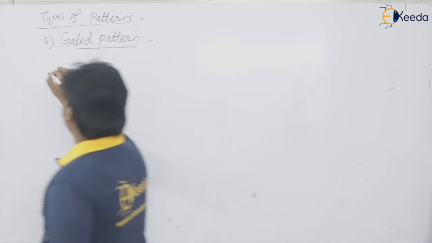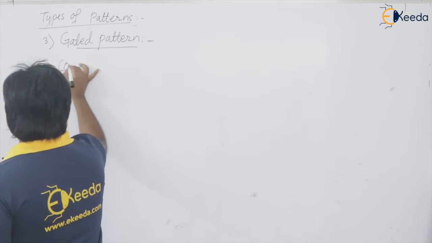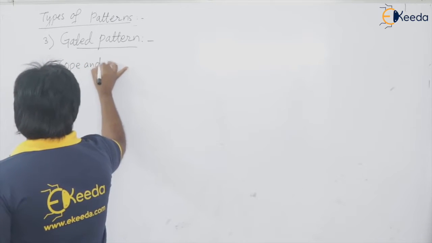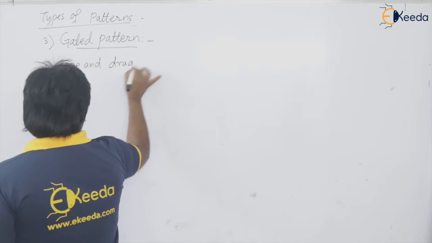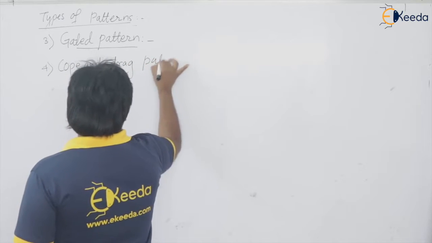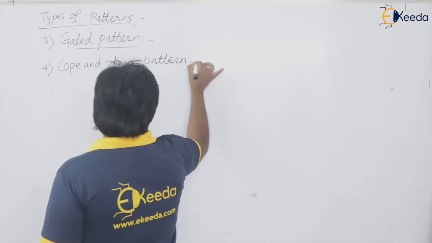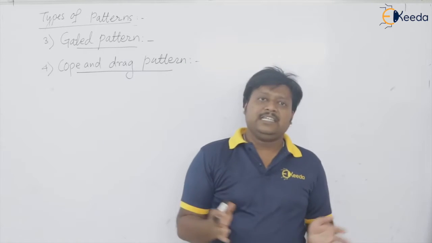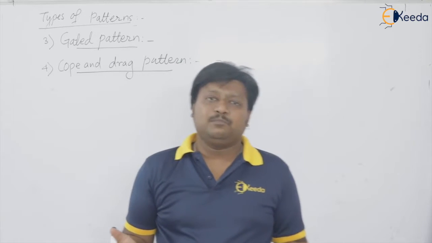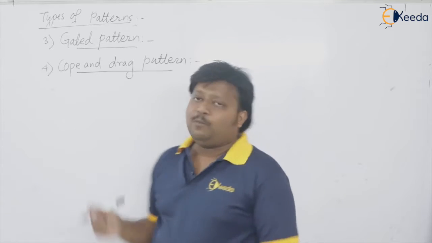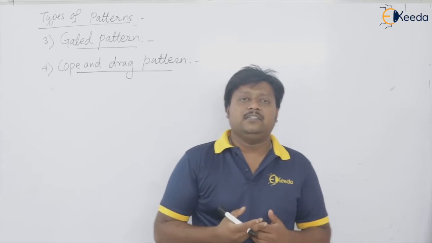Now the fourth pattern we are having is the cope and drag pattern. This is again like the split pattern. This cope and drag pattern is like a split pattern.